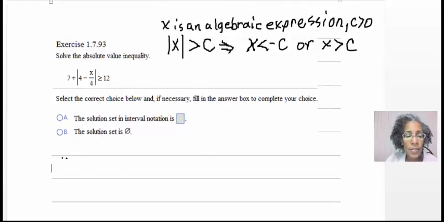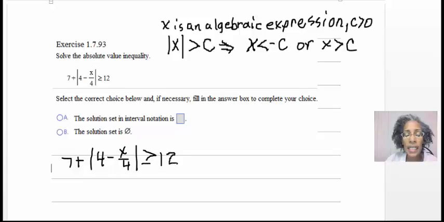So in our case, we are not quite ready to apply what this property of absolute value inequality says, because my absolute value is not yet isolated. So I need to isolate the expression that has the absolute value.